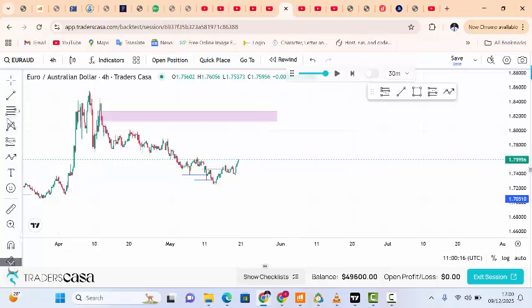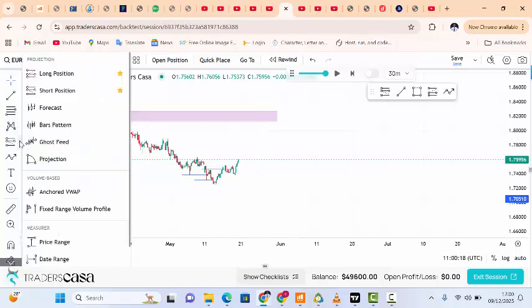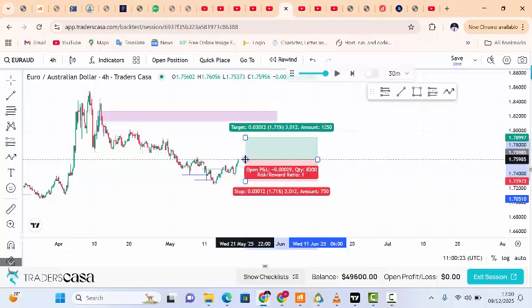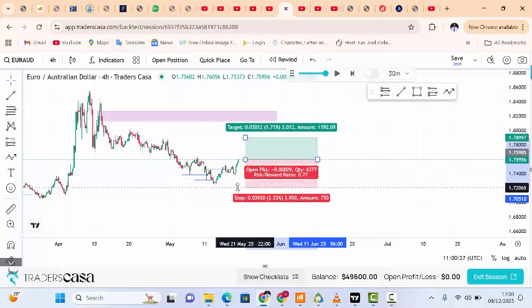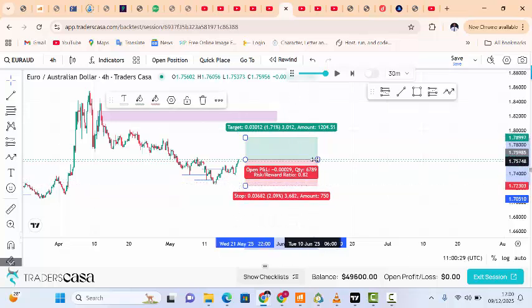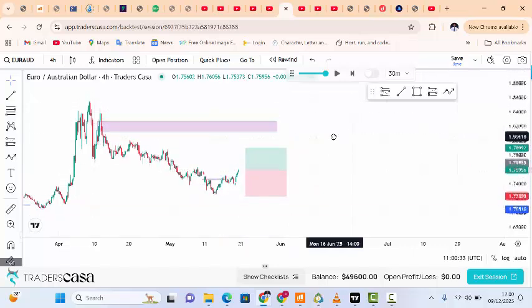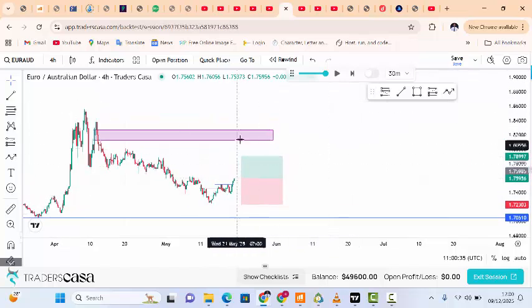We can now buy. So I'll come to my position tool. I'm buying here, right? Stop loss should be below here, but I'll bring it a bit lower to avoid stop hunts that touch it. This one is not going up to 1:2, but where am I targeting?